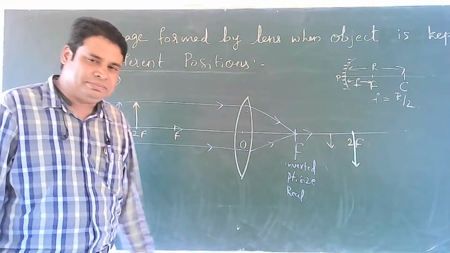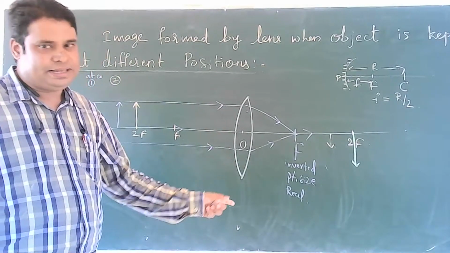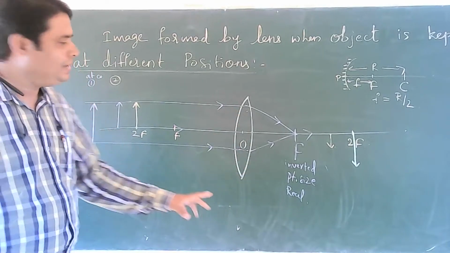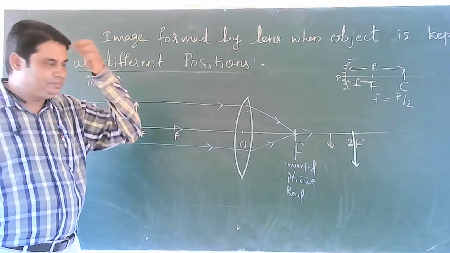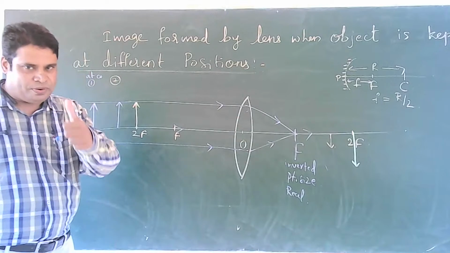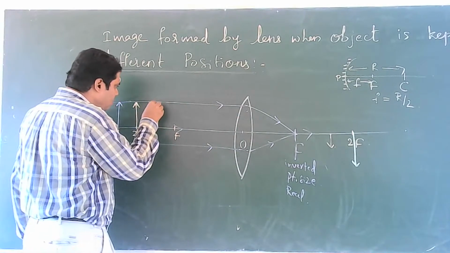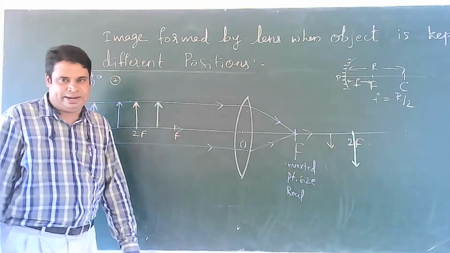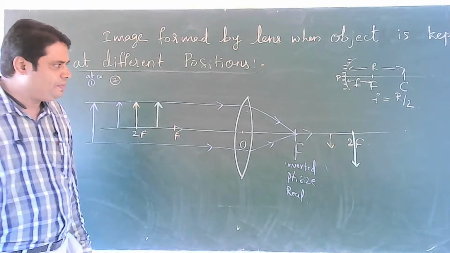Of course, two things we can say. One is inverted, second is real. What is the third? The size of the image is equal to the size of the object. Hope you understand.